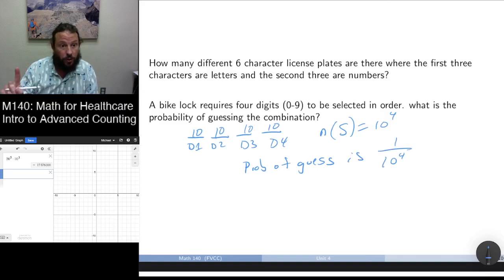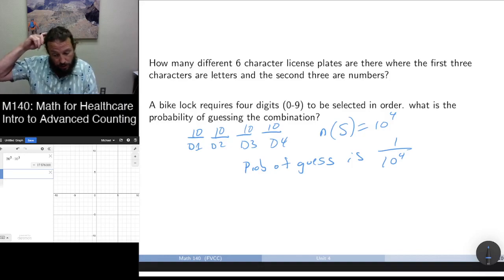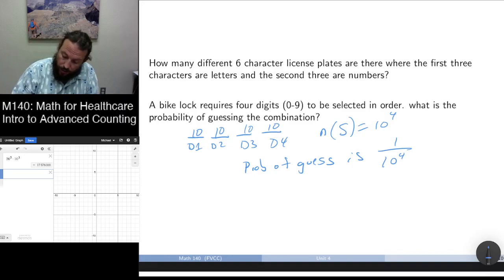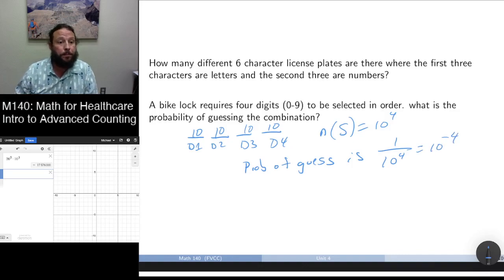There's only one correct one. That's the size of the event. That's the numerator. Our denominator is the size of the sample space, which is 10 to the 4th here. And just so you know, you could write this as 10 to the negative 4th. Again, a reminder. Good.